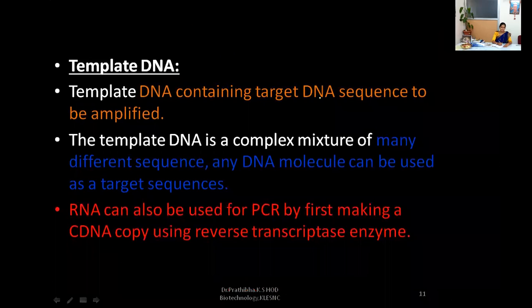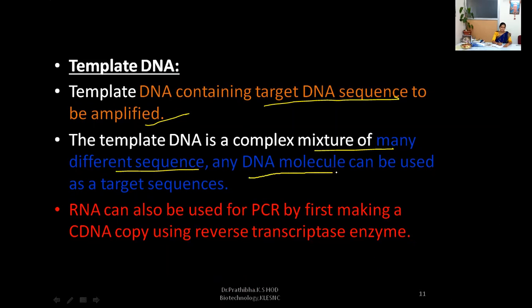Now let us understand what this template DNA is. Template DNA contains the target DNA sequence to be amplified. The template DNA is a complex mixture of many different sequences. Any DNA molecule can be used as target sequences. RNA can also be used for PCR by first making this particular single-strand RNA molecule into cDNA by using which enzyme?